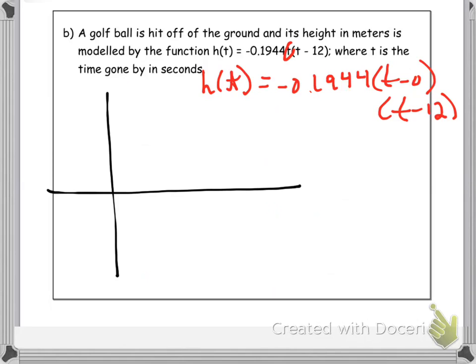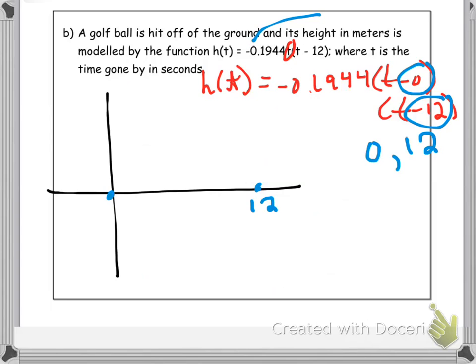So this t here is like a t minus 0 factor. So our x-intercepts are 0 and +12. Changing the sign of -0, I guess, is +0, but it doesn't matter if 0 is negative or positive. It's still in the same place. And the -12 becomes positive. So my x-intercepts are 0 and 12.